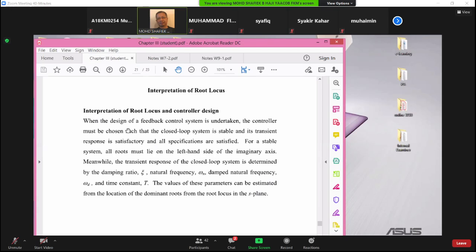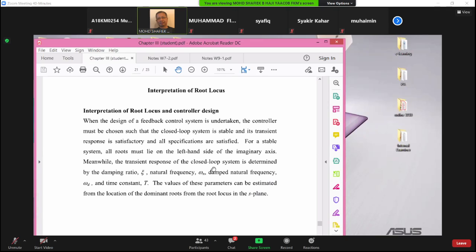When the design of a feedback control system is undertaken, the controller must be chosen such that the closed loop system is stable. So we want the location of the roots to be on the left of the imaginary axis for it to be stable, and the transient response to be satisfactory, so that all specifications are satisfied.